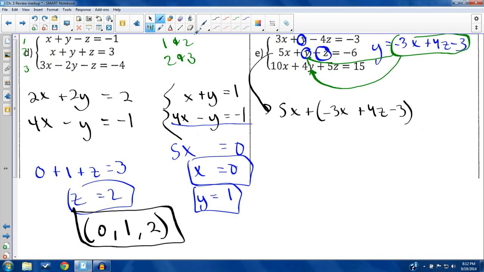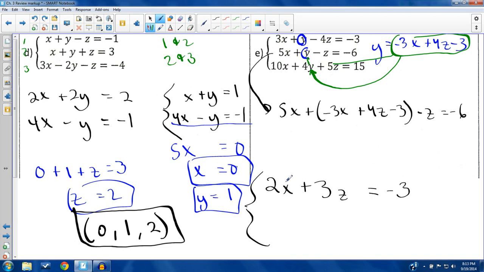I believe this was a minus z. Actually, let's check. That is a minus z, equals -6. Let's combine this now. 5x minus 3x is 2x. 4z minus z is 3z. And if I add 3 to this side, I'll get -3. So one of my equations in my system is 2x plus 3z equals -3.